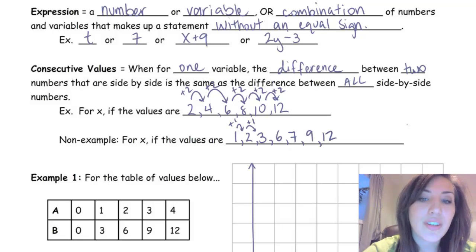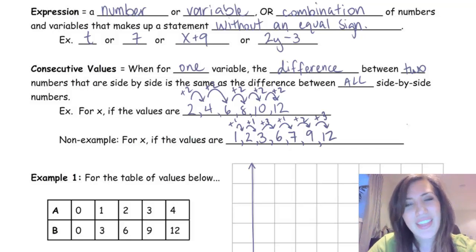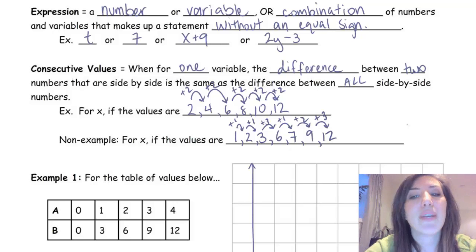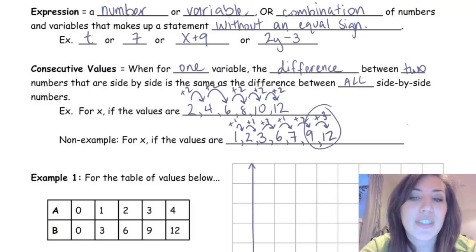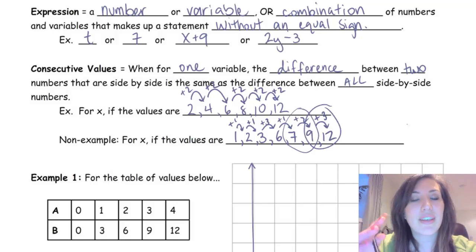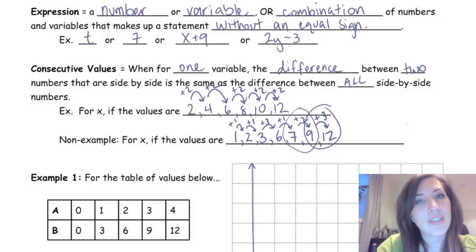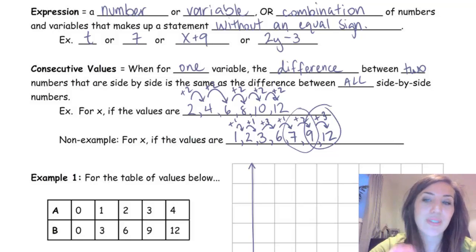So that looks good so far, but now from 3 to 6 you add 3, and from 6 to 7 you add 1, but from 7 to 9 you add 2, and from 9 to 12 you add 3. So that's not consecutive because the difference between 9 and 12 is 3, but the difference between 7 and 9 is 2. So when the numbers do not always give you the same difference, then they're not consecutive values.